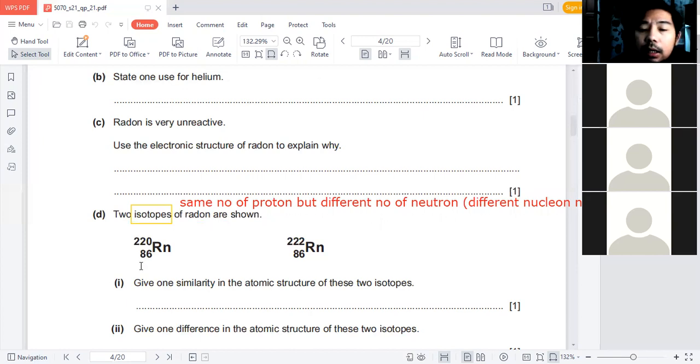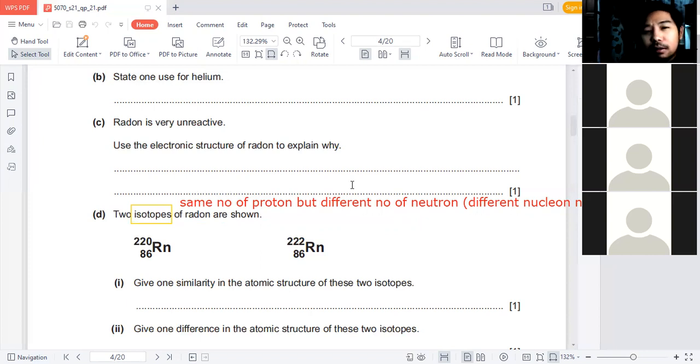The small number at the bottom is what we call the proton number, okay? So basically proton number is equal to electron number, okay? On top of that would be the relative mass, okay? Sum of Ar would equal to Mr, molecular mass, not Mars, okay.